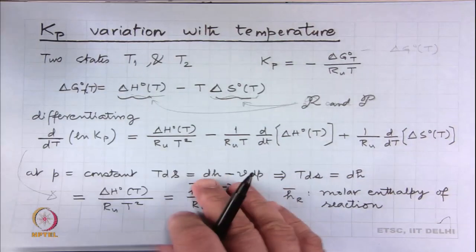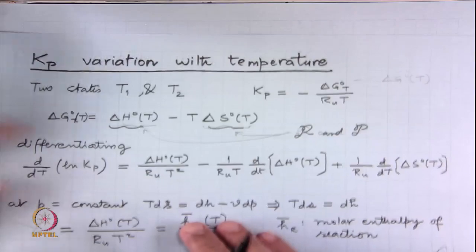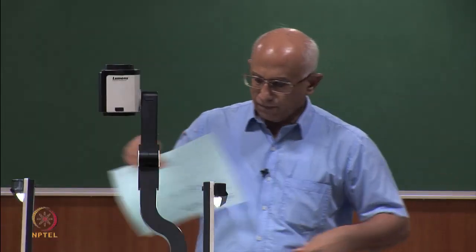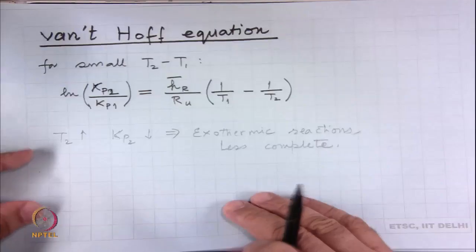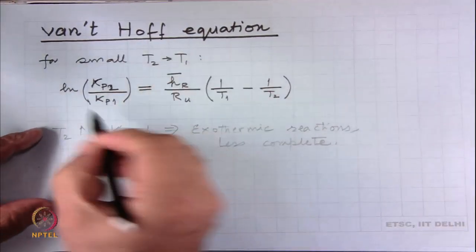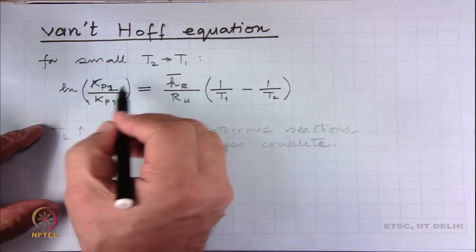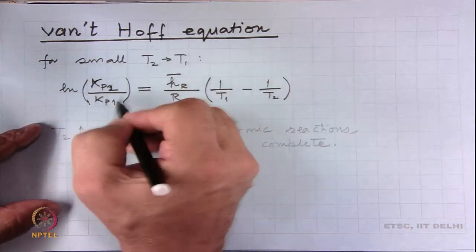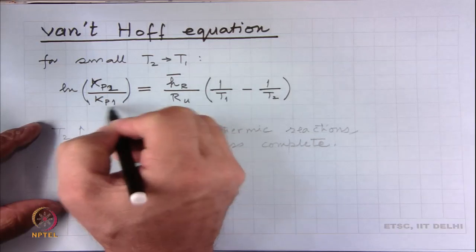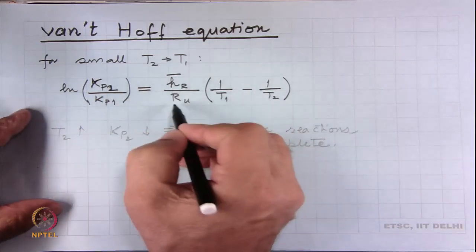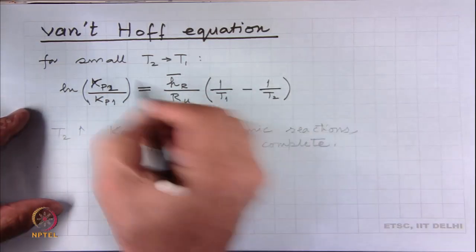So, we end up getting a nice elegant expression from here, and what it tells us is that for small changes from T1 to T2, ln Kp2 over Kp1, where Kp2 is the equilibrium constant at T2 and this is the equilibrium constant at T1, equals Hr bar over Ru times (1 over T1 minus 1 over T2).